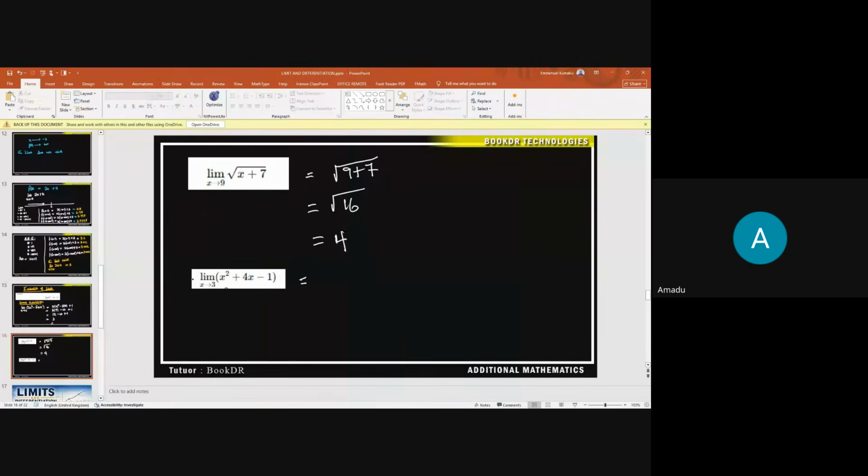So that would be 3 to the power 2 plus 4 multiplying 3 minus 1. 3 squared is 9. 4 times 3 is 12. And according to BODMAS, addition comes first. And 9 plus 12 is 21. 21 minus 1 will give you 20. Exactly.